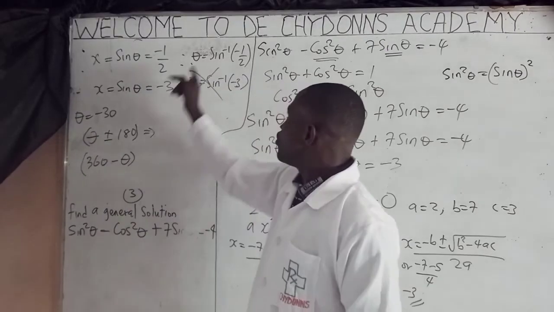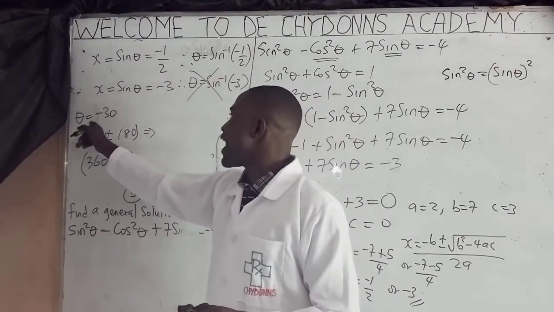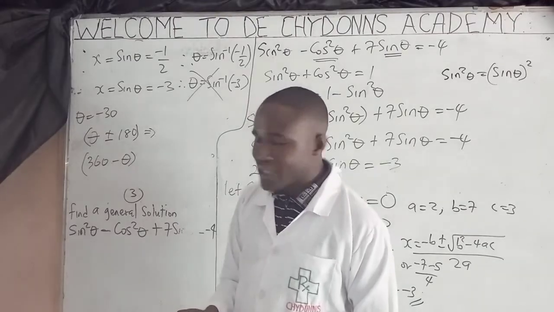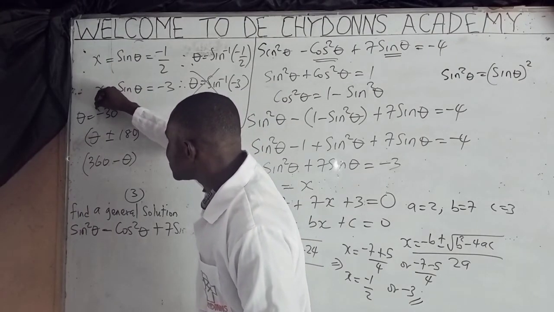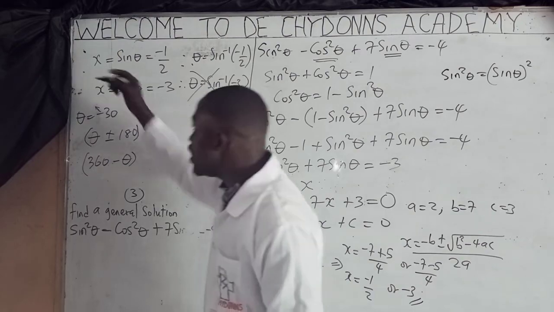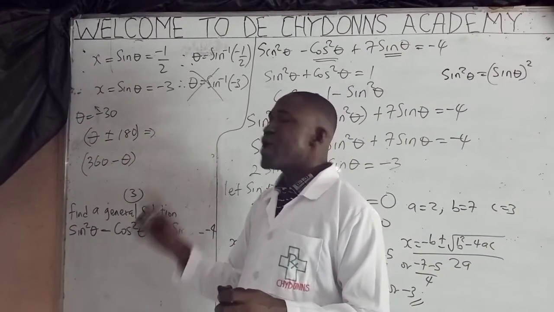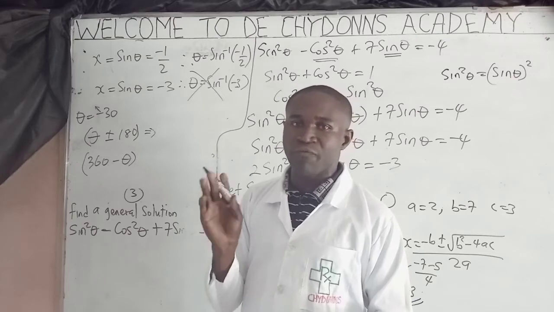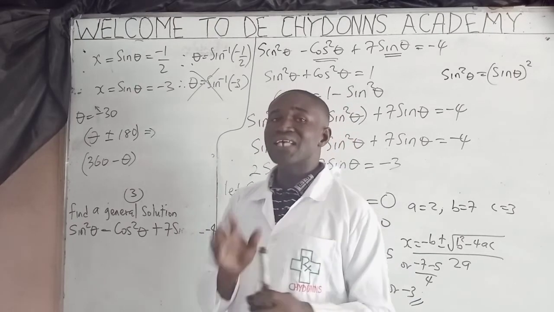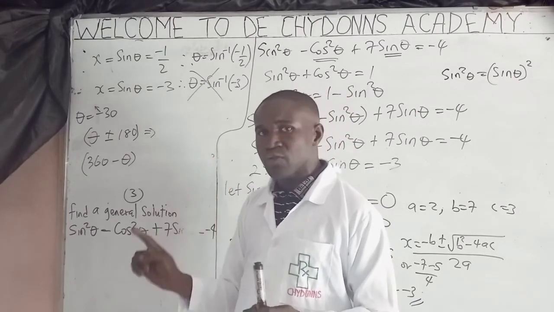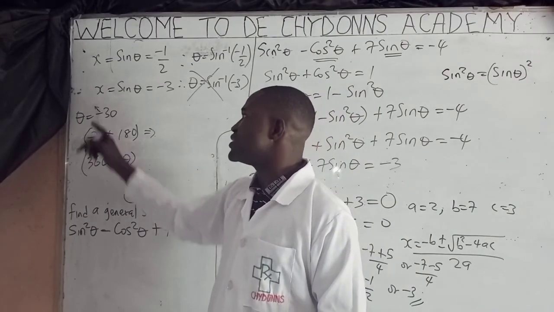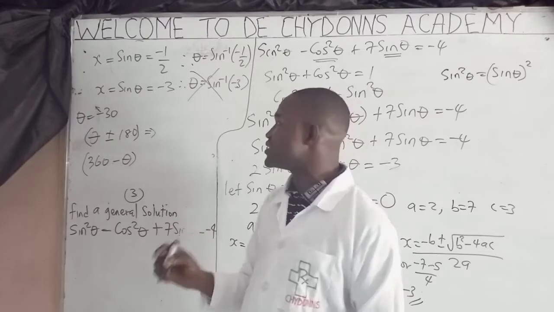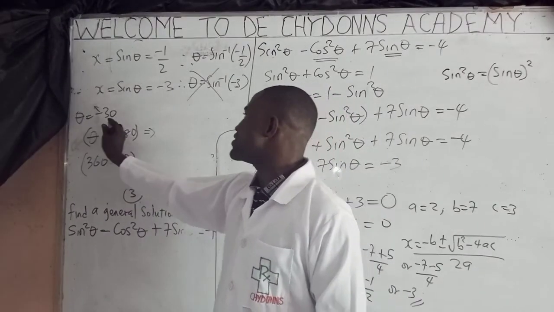I said we have gotten a value of theta to be minus 30, right? Now, this minus tells you, don't use this minus, only use it to know where sine is negative, in the third and the fourth quadrant. So, since at the third quadrant sine is negative and at the fourth quadrant sine is negative, the implication is I take this 30 only.